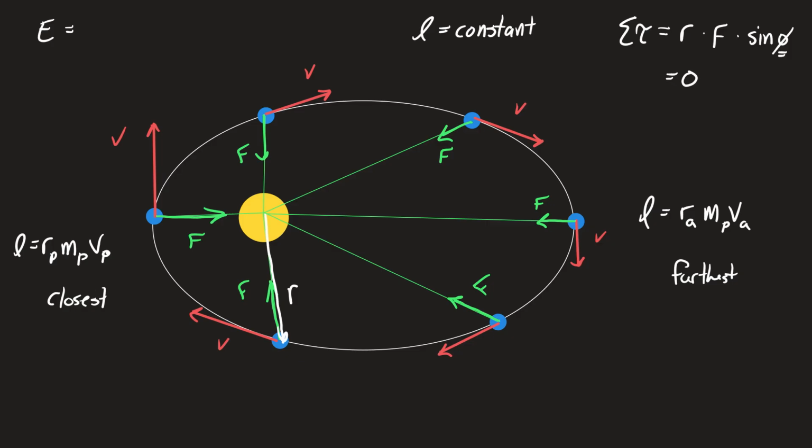So when we're here, the gravitational potential energy is more negative, but the planet is also traveling faster and has more kinetic energy. We're traveling here, the gravitational potential energy is not as big a negative number, but the kinetic energy is also smaller. And since there's no external force on the system, the potential energy plus the kinetic energy will also equal a constant.